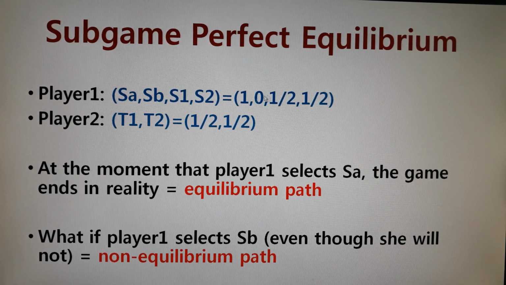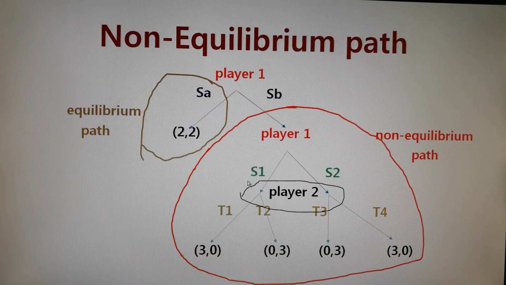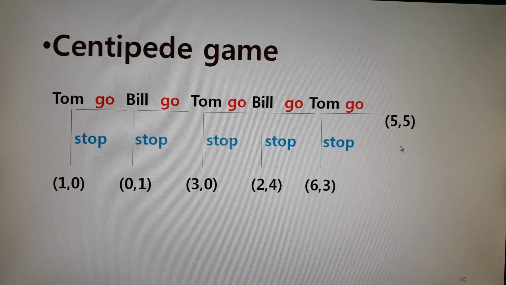On the other hand, SA, the probability would be 1. Okay? Keep in mind, don't forget to mention the non-equilibrium path. Here, S1, S2, T1, T2, even though the SB probability would be 0.